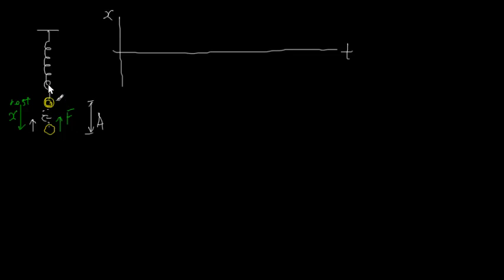Now, as it goes above the rest position, the spring pushes it down. But the momentum will cause it to keep going, and it will slow down until it stops, and then it will come back down. Because the nature of the force is the same, it will reach the highest point also at a displacement of A, but in the opposite direction, because simple harmonic motion is symmetrical.